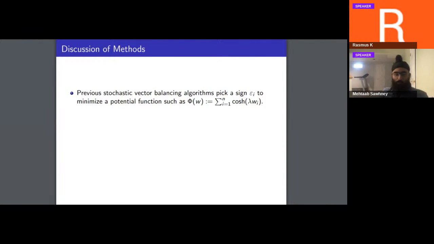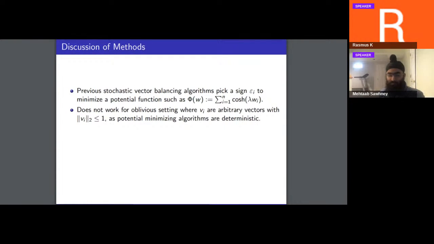One example is to look at each coordinate of your sum vector and take the cosh of it, an exponentially growing function. This is a smooth version of the algorithm where you just pick the sign to minimize the L infinity norm.